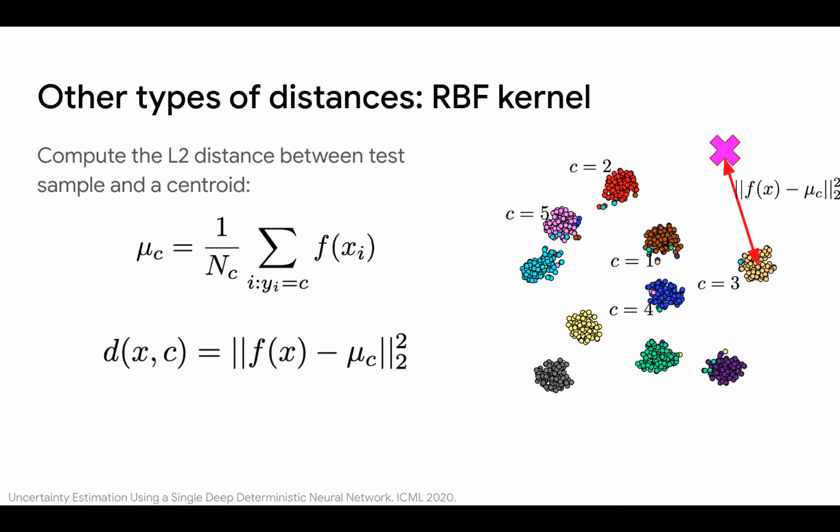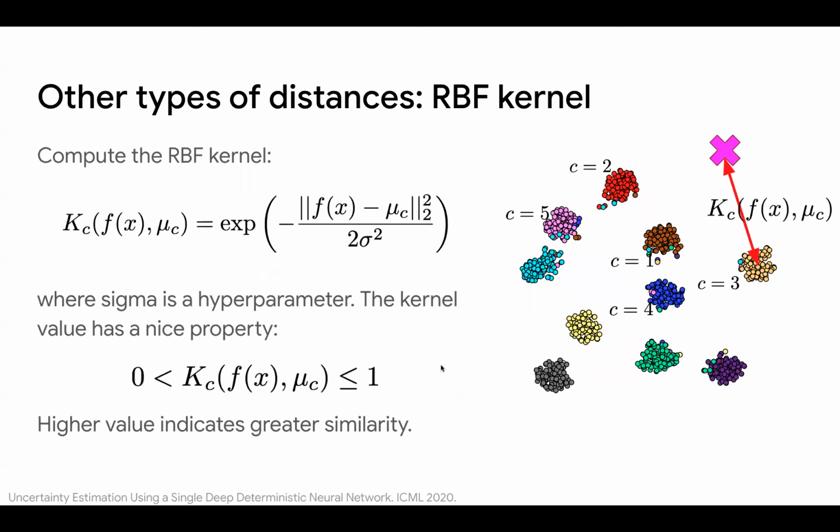The other example is using the RBF kernel. It's actually very similar. So again, you measure the class centroid for every class, and then take the L2 distance. And then you take the exponential of that with a minus sign, and divide by some sigma. And this is actually quite similar to Mahalanobis distance.